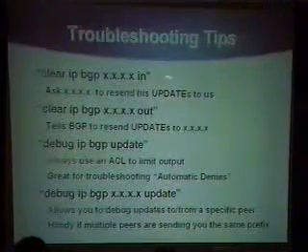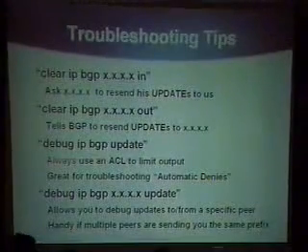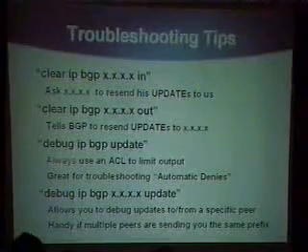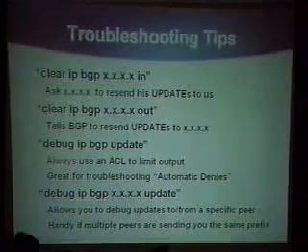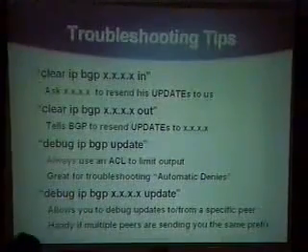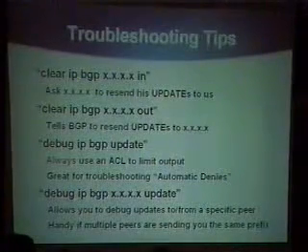Again, clear bgp in lets you get your neighbor to resend updates to you, and you can resend your updates to your neighbor. Debugging, I tend to shy away from. Doing a debug BGP on a full routing table is a fairly scary action.